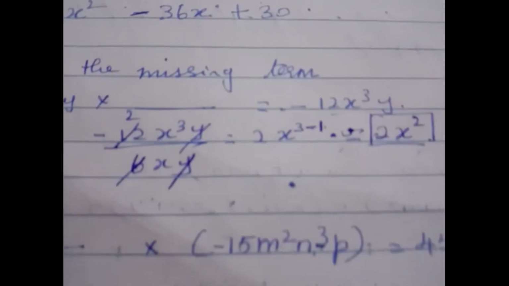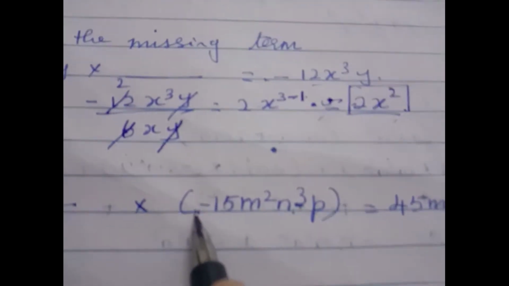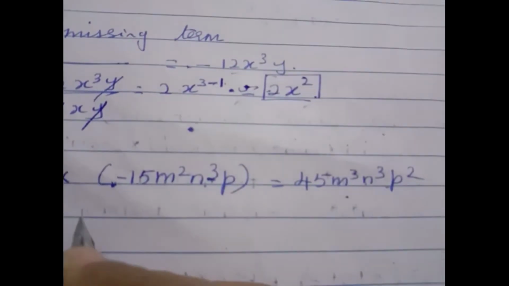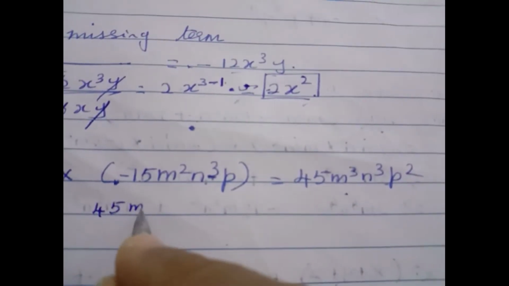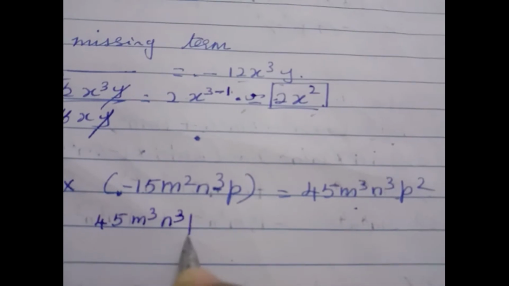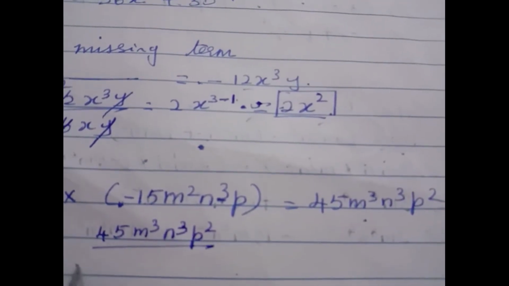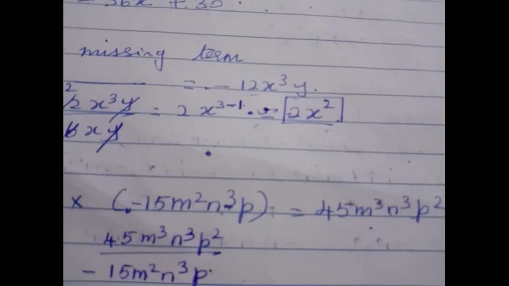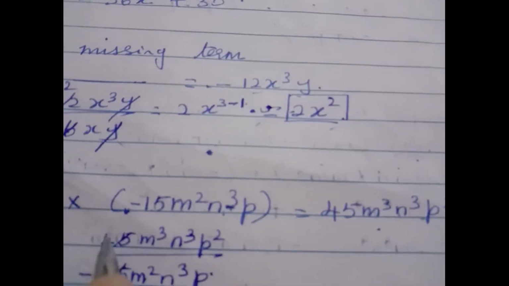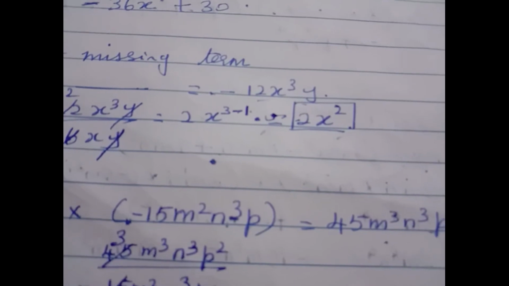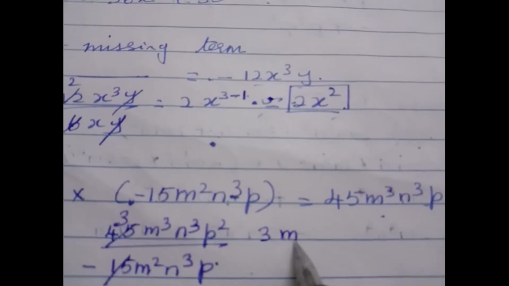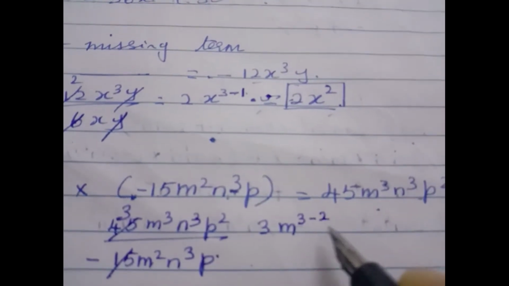Then to find the missing term, bring this left hand side to your right hand side. If it is in the multiplication, if you take it to the other side, you have to divide it. Minus 15 m square n cube p. So here 15 threes are 15, 3 times. Then m, 3 minus 2.